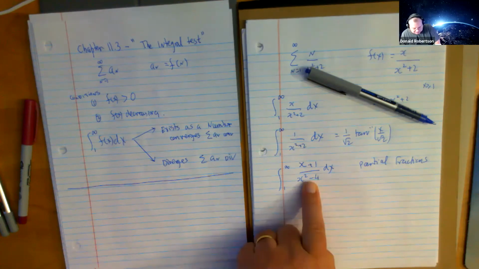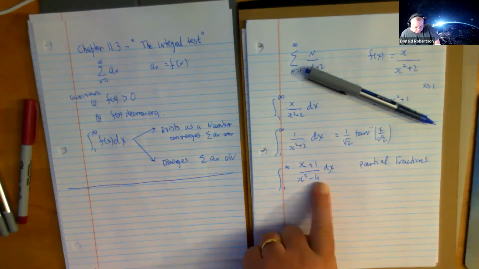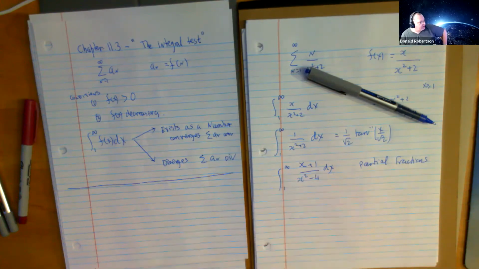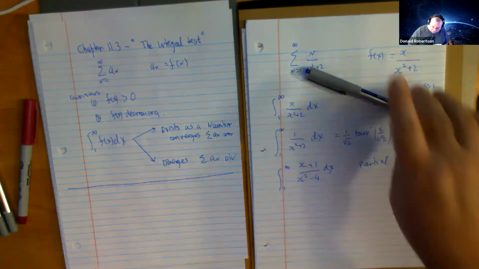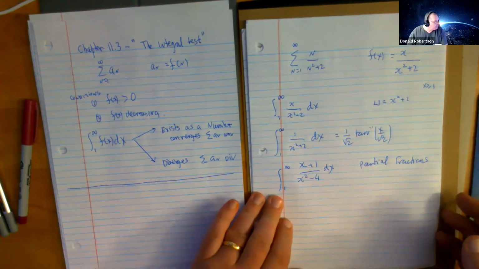And this one here, a u sub wouldn't work because that plus 1 would get in the way, so I wouldn't use it for that reason. This can factor as x plus 2 times x minus 2, so that would tell me to use partial fractions. So you're getting a crash course on what integral techniques you would use in certain circumstances. And as I said earlier, it is possible in some questions that more than one technique will work.